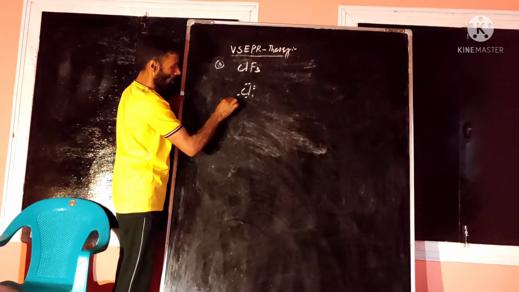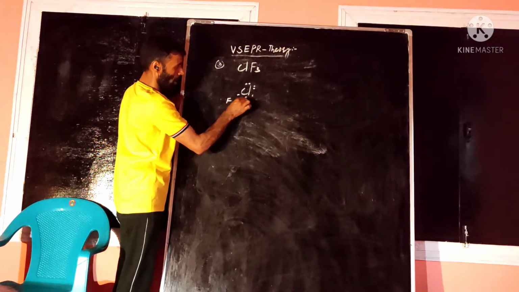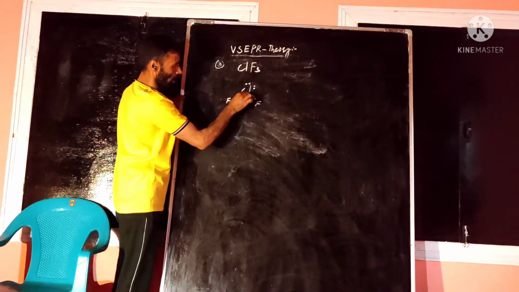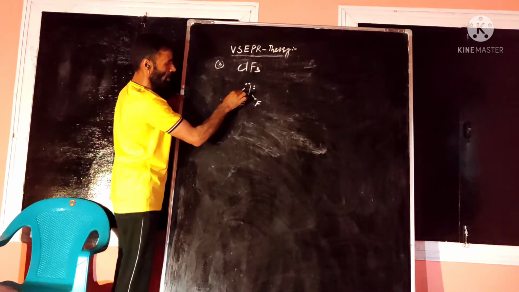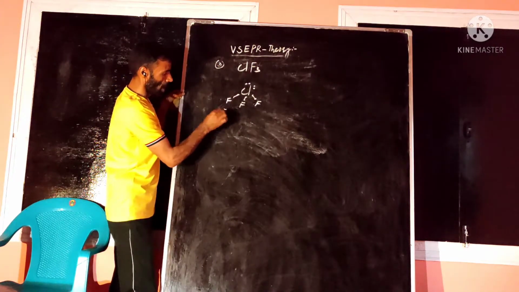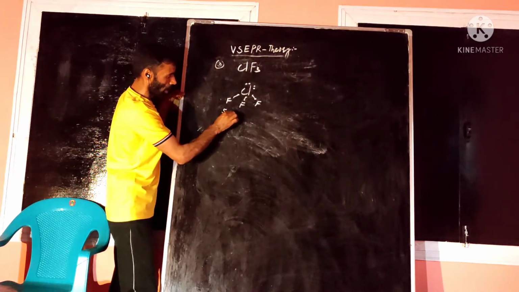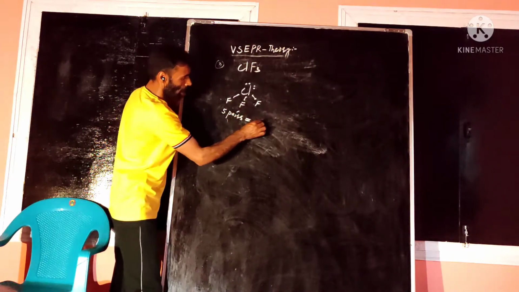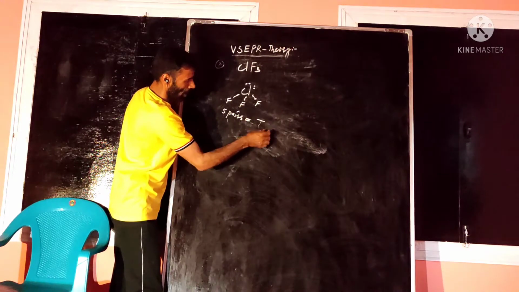First of all, I have sketched a rough idea of the geometry in this fashion. After that, we know 5 pairs will be oriented in space in the form of a trigonal bipyramid shape.